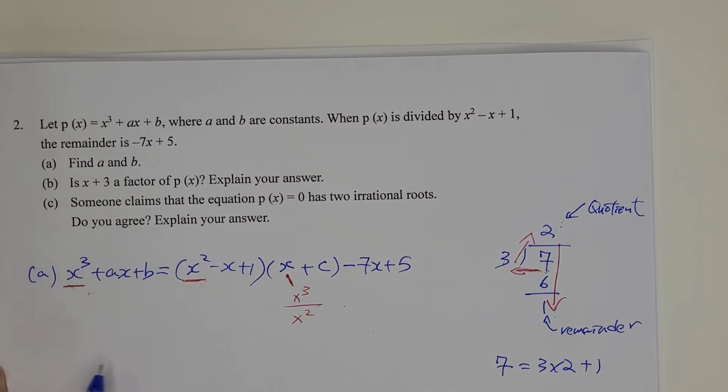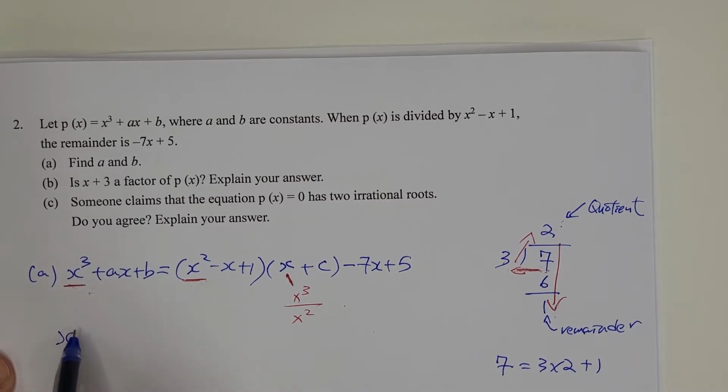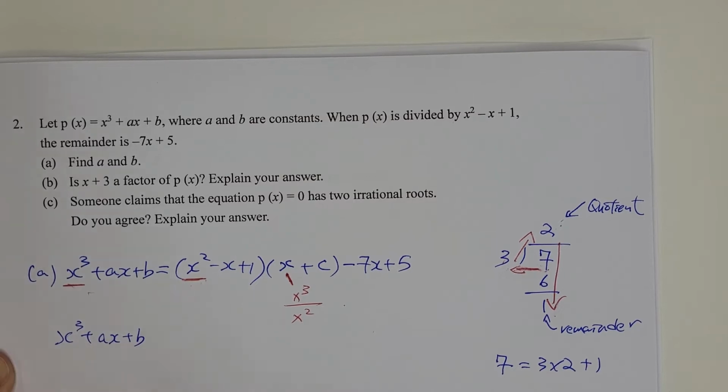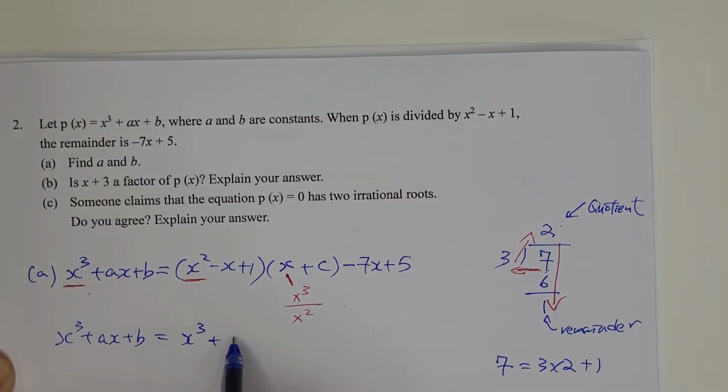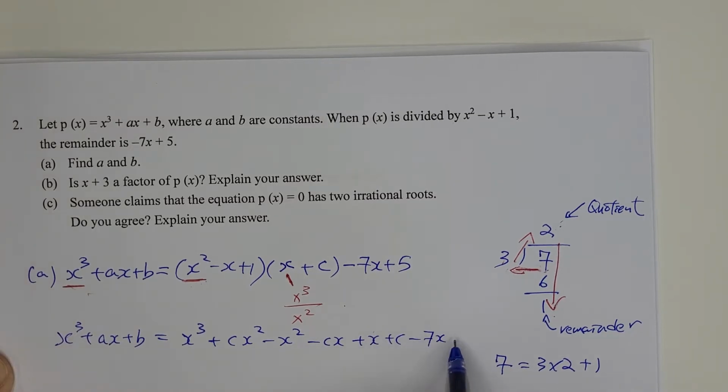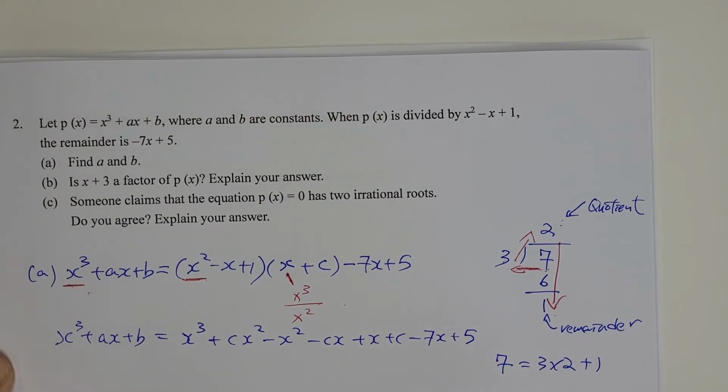Hence, you can compare the like terms on both sides. x cubed plus ax plus b equals x cubed plus cx squared minus x squared minus cx plus x plus c minus 7x plus 5.